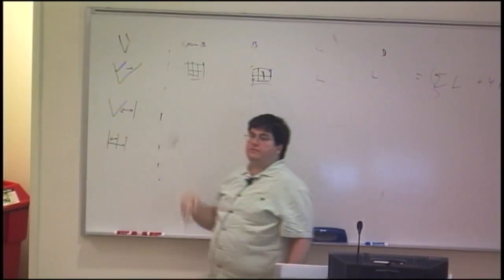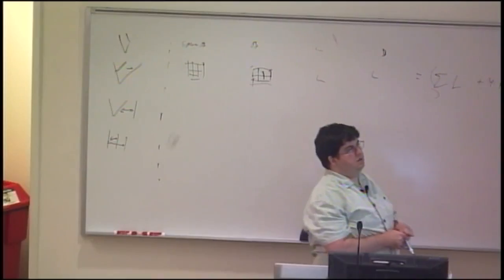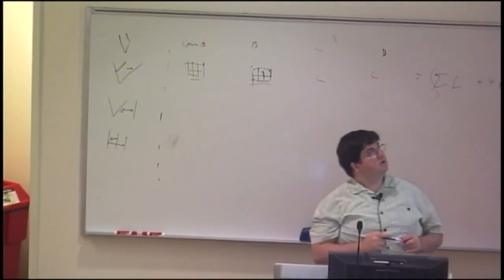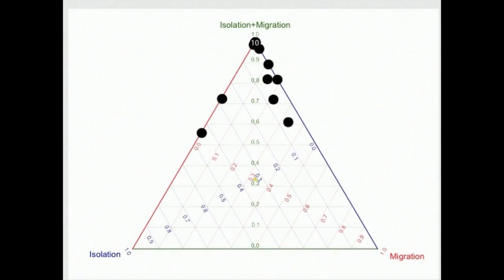So the plot here shows the model weights of isolation models cumulatively, island migration models cumulatively, and any model that has isolation and migration in some combination. There are actually two ways to do this kind of plot. One is a raw plot where you ask what fraction of weight is here, here, and in the middle.